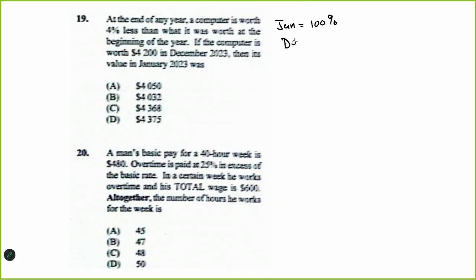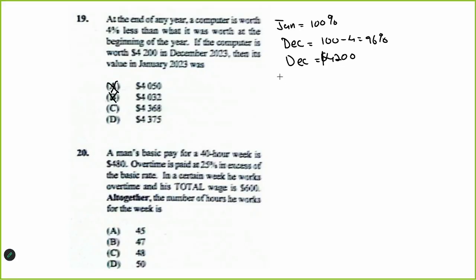In December it would be 100 minus 4, which would be 96%. In December we also know that it's $4,200. So we want to know what is 100%. So obviously it is more than 4,200, so it will not be this. It's either C or D.